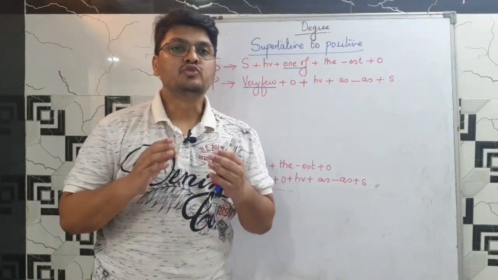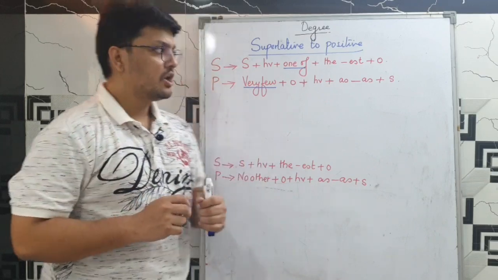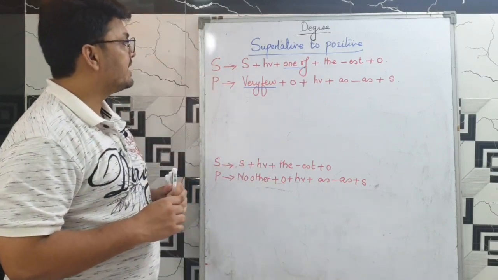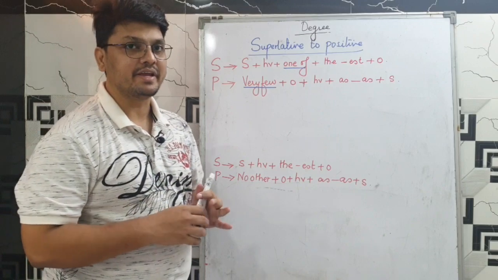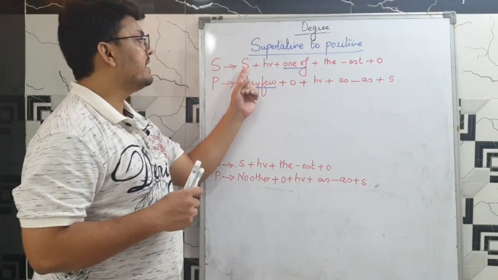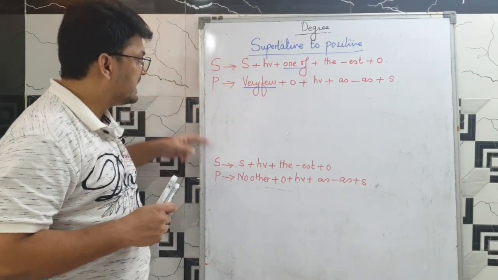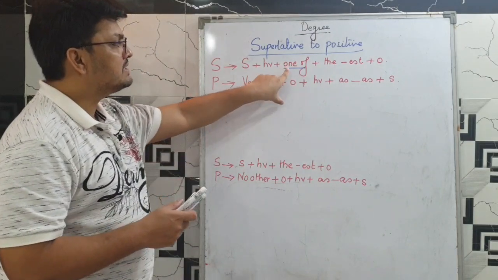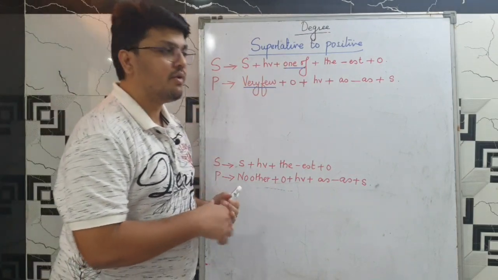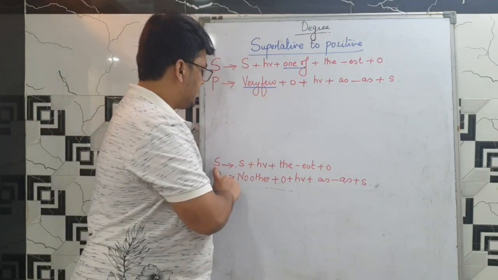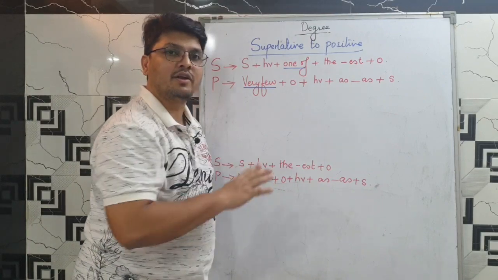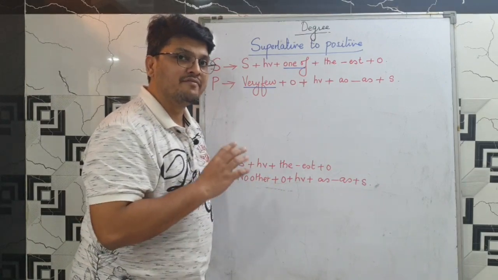Now we will do superlative to positive. You can see, students, I have written the structure of superlative degree. Here we have two types of superlative degree: in the first type you will see one of, and in the second type you will not see one of. So here also we have a rule.